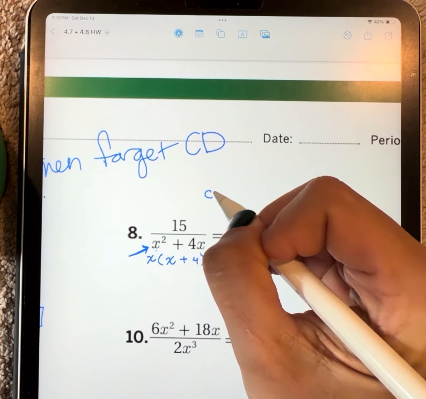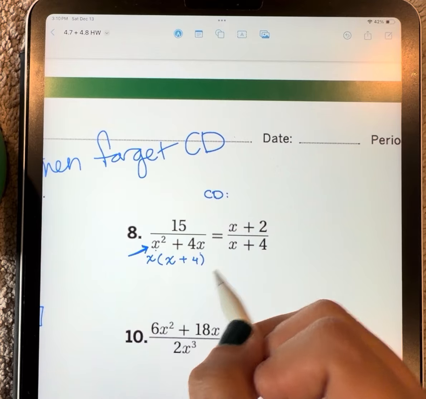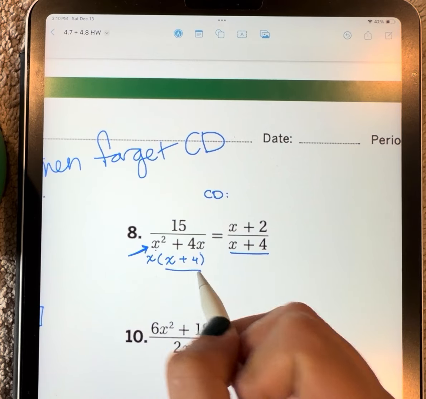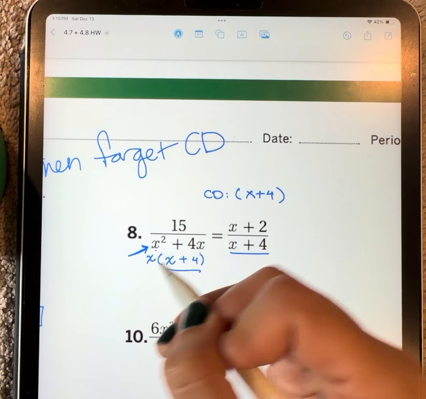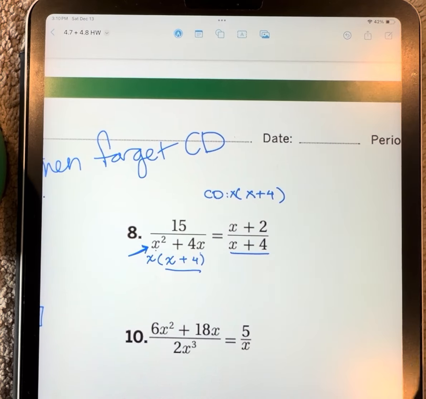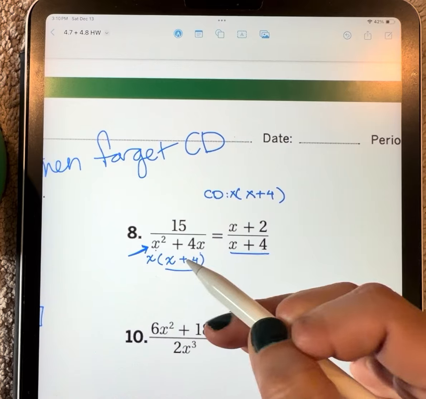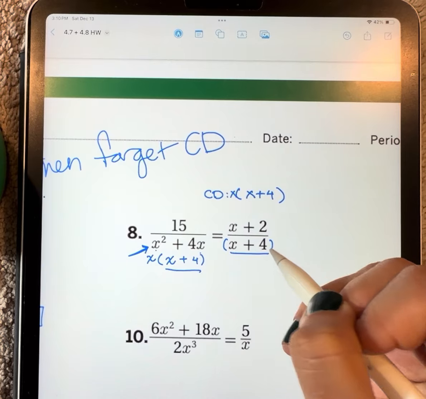So now I can see that my common denominator is x plus 4 and that x. And so now I need to get the denominator, then forget the denominator. So this one already has this common denominator. This one just needs that x.